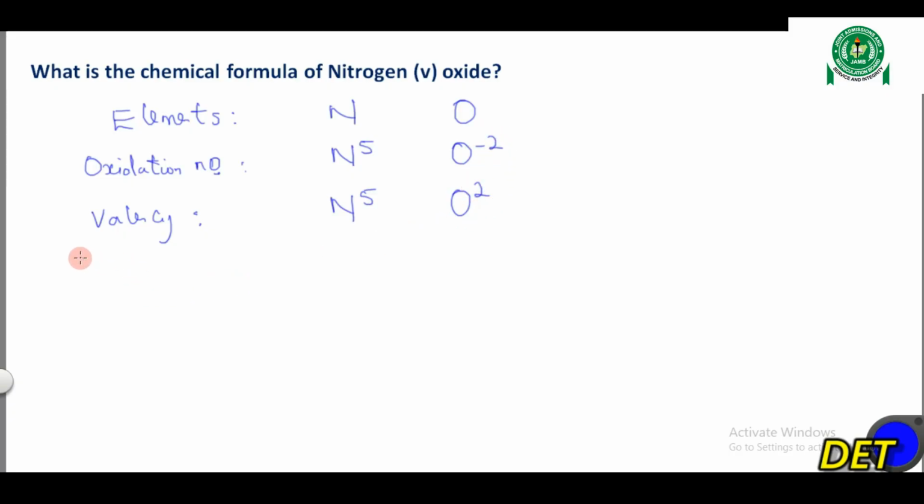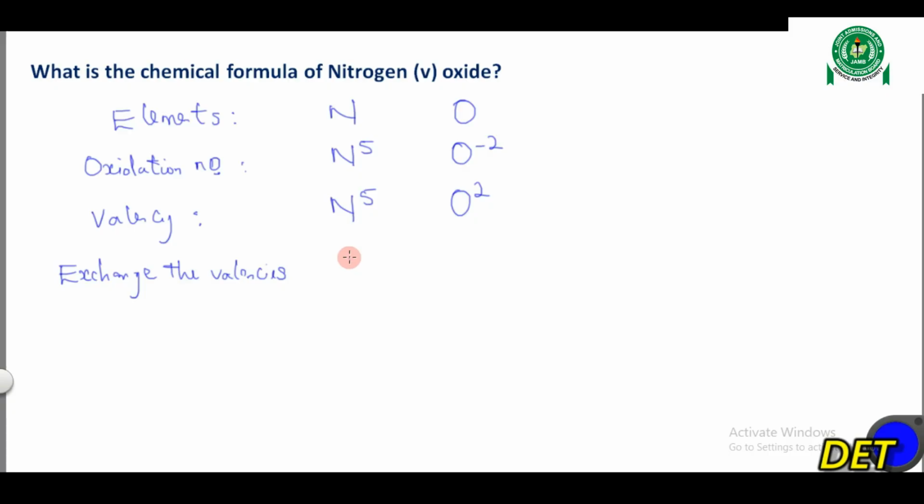Then the next thing you want to do is to exchange the valencies. So when we do exchange of valencies, the 2 will come and meet nitrogen, and then 5 will meet oxygen.